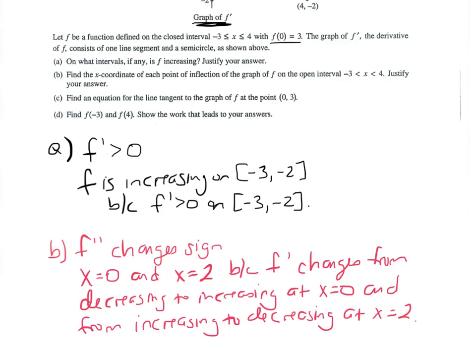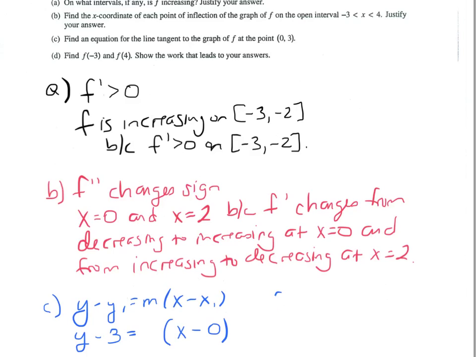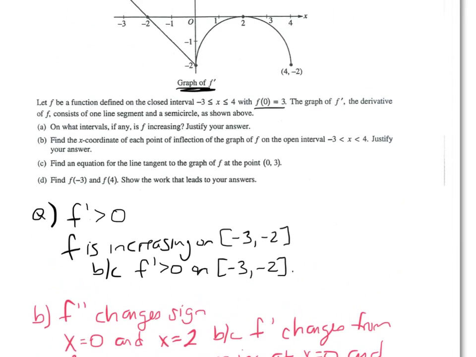Part C. Find an equation for the line tangent to the graph of f at the point 0, 3. Okay, so we've got our y1 and we've got our x1, and now we need the slope. We need to know what f prime of 0 is equal to, and we can get that from our graph.